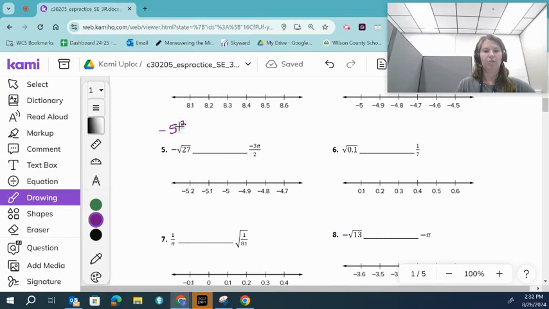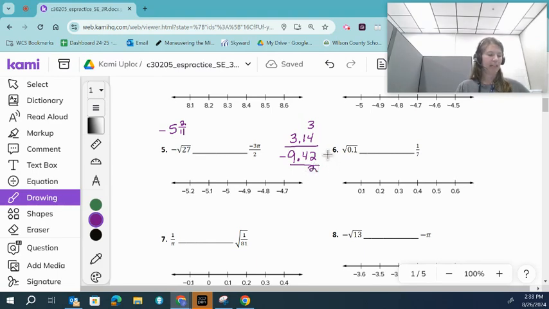So we have -5 and 2/11 here. And then on this one, we're going to take -3 times pi. And pi is approximately 3.14. And we are multiplying this by 3. So we're going to go ahead and multiply that out, and we get 9.42. And then this is going to be divided by 2.